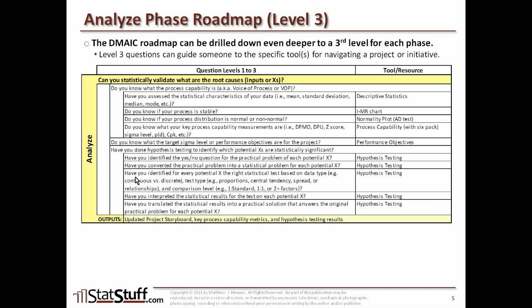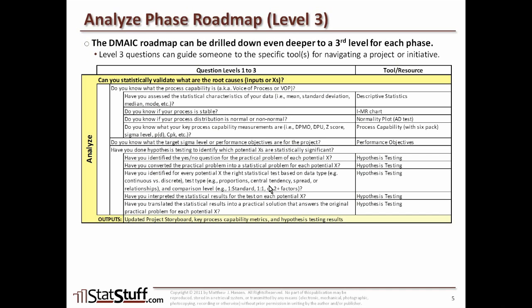And next, what you want to do is ask yourself, have you identified for every potential x the right statistical test based on the data type, like whether it's continuous or discrete, and also the test type, whether you're going to be looking into proportions or central tendency or spread or relationships, as well as looking at the comparison level, how you're going to compare your data, whether it's one to a standard like a target or a goal, or comparing one-to-one evaluations, or maybe there's more than one factor or more than two factors that you're looking at.